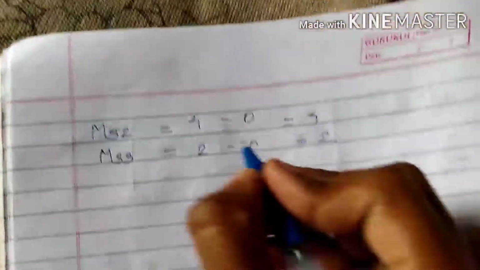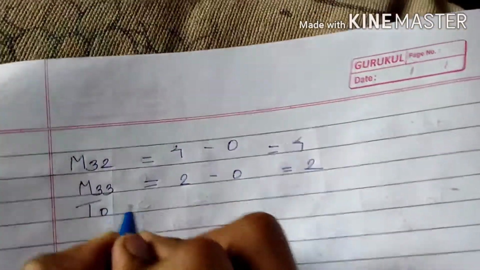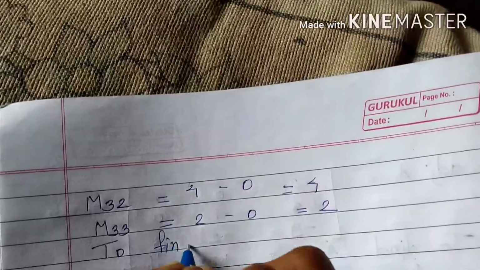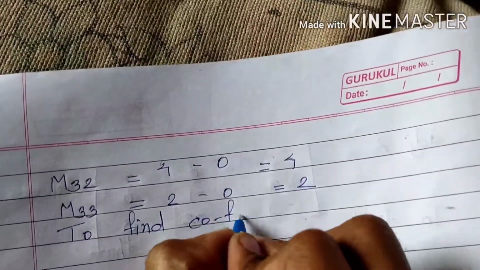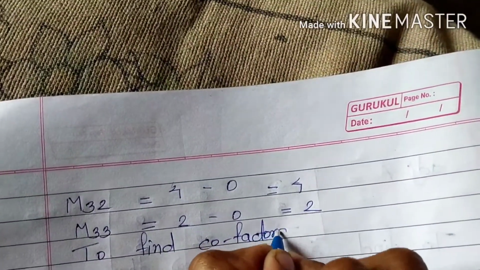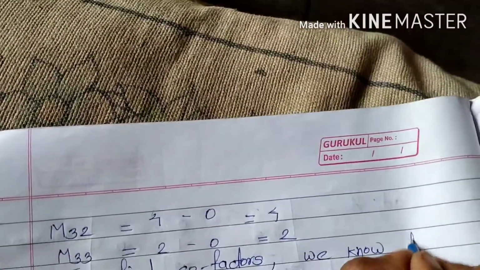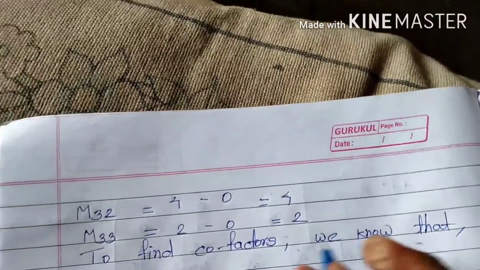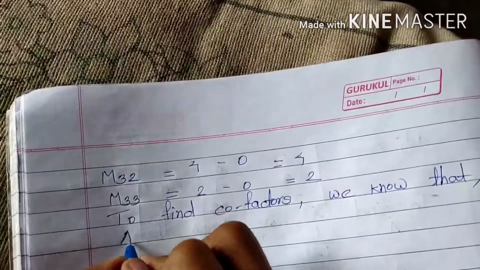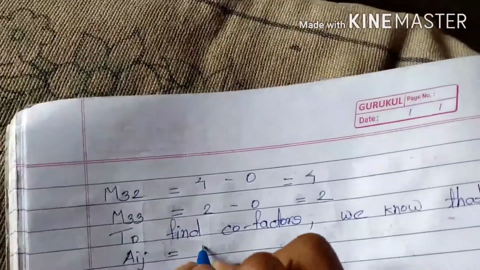Next, find cofactors. To find cofactors, we know that... Now here is a trick. First, write the formula.